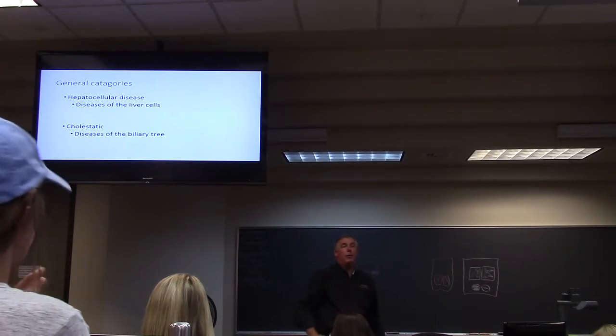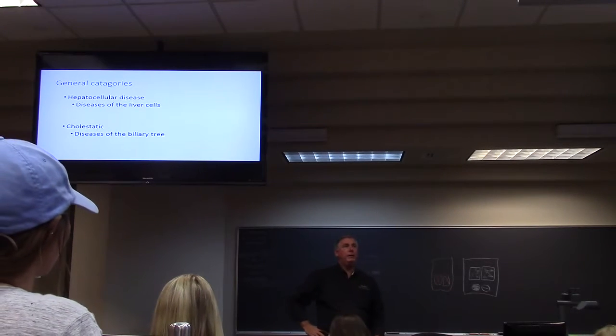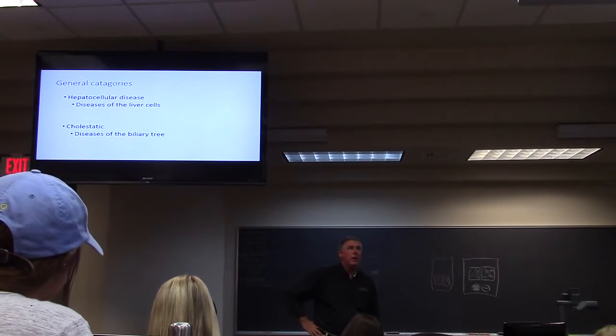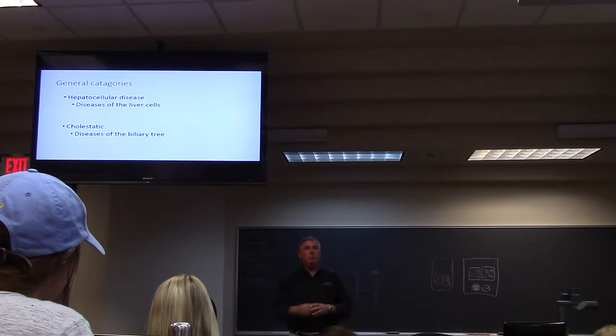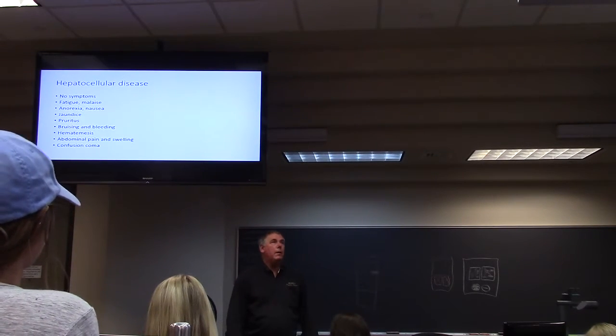All right, so now we're going to talk about liver issues here. There are two types of issues we're going to talk about. One involves the hepatocytes themselves, and the other involves the biliary system leading from the liver.